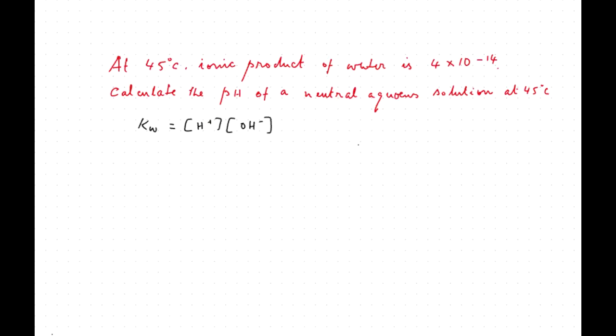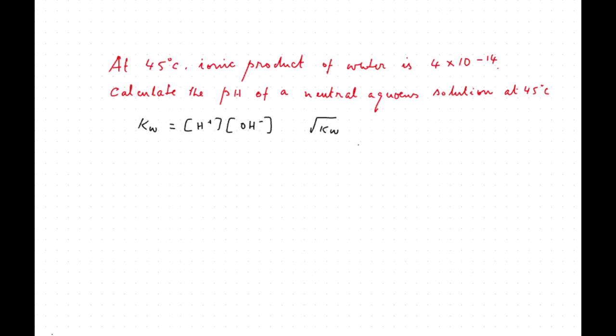So when the water is getting dissociated, the concentration of H plus ion and the concentration of OH minus ion are supposed to be equal, because when one H plus comes out, one OH minus will also come out. So if you take the square root of Kw, you will get the concentration of H plus or OH minus, both are equal.